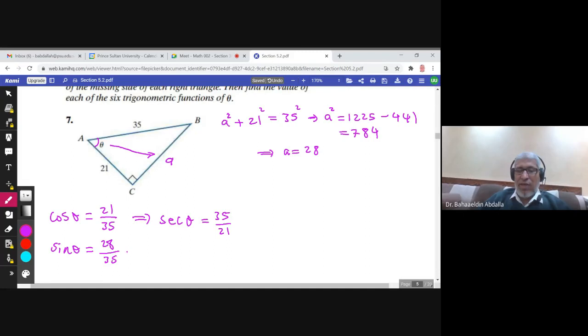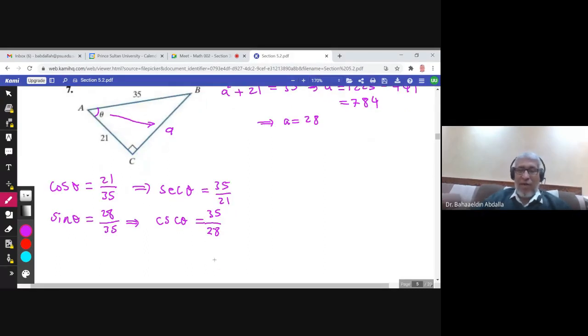And the reciprocal of sine is cosecant theta, which is the hypotenuse over the opposite side. And finally, tan theta, which is the opposite over the adjacent. And cotan theta is the reciprocal of tan, and it is the adjacent over the opposite.